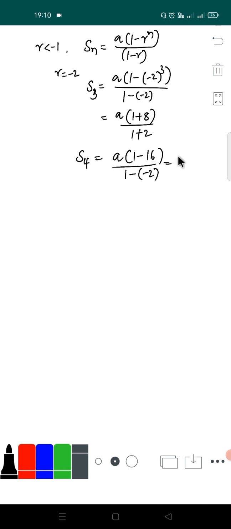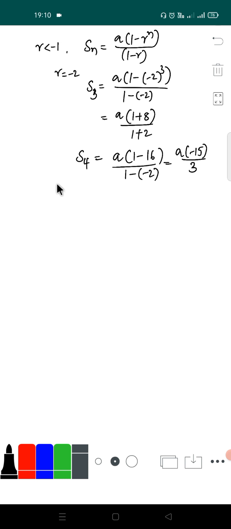So this will be a into -15 divided by 3. Okay, so this is negative, so it oscillates between positive and negative, and it increases as n increases.